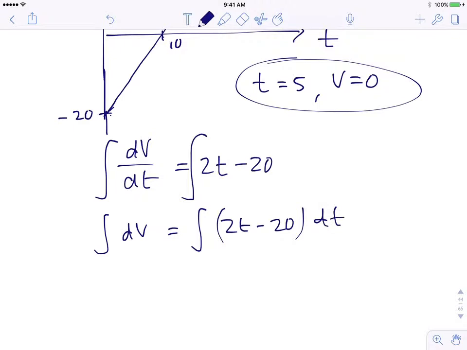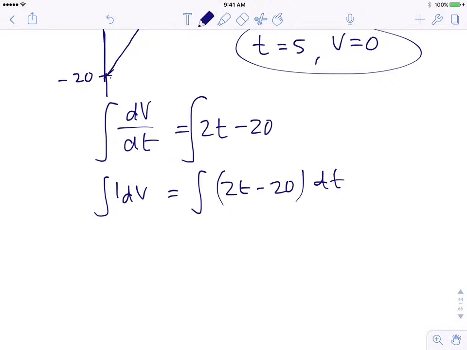I'm getting a bit technical here, but this is really what you're doing. The integral of 1 with respect to v is just V. So the volume is, now we're going to do the integration with respect to t, t squared minus 20t plus c.